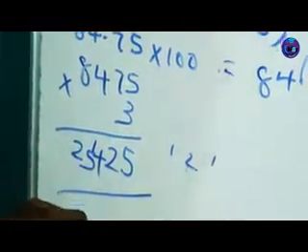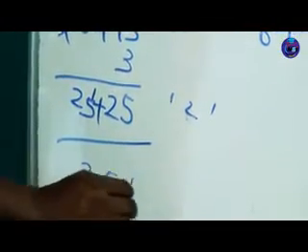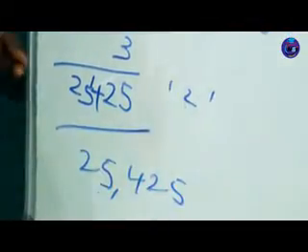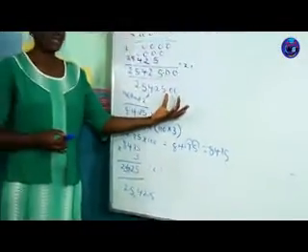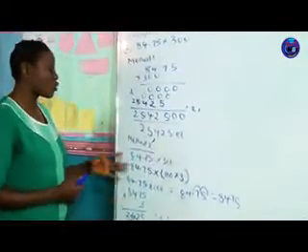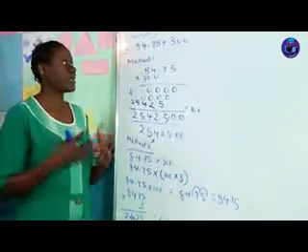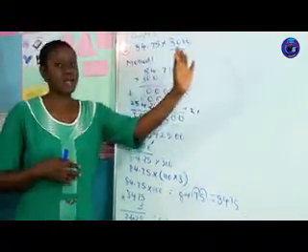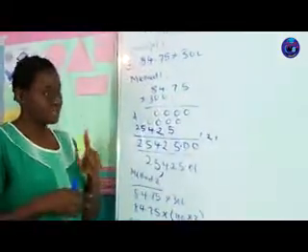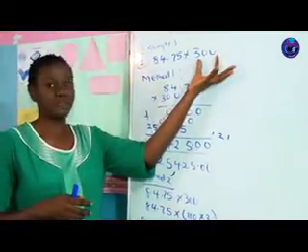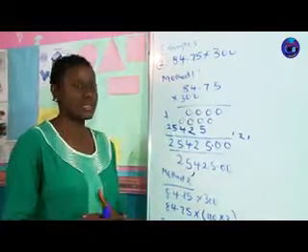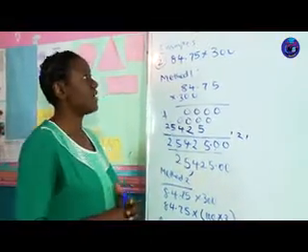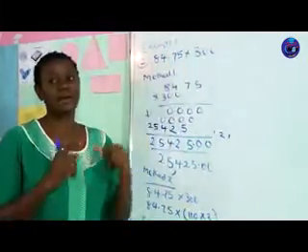So my answer is 25,425. You can see that the 0 is off. Like I said here, the 0 could be insignificant. So whenever you are multiplying numbers that have zeros behind, the zeros are significant for this number, but it makes multiplication easier. Now let's move ahead to multiply decimals by decimals.